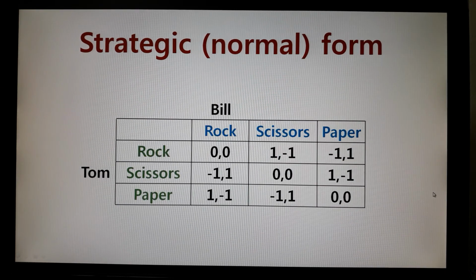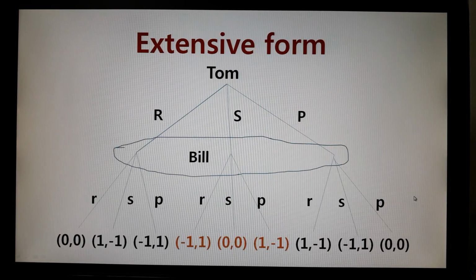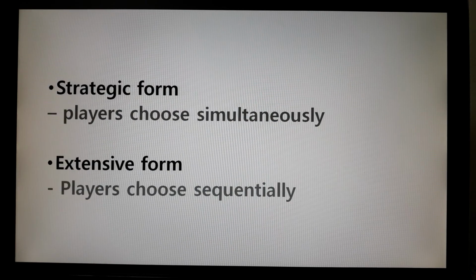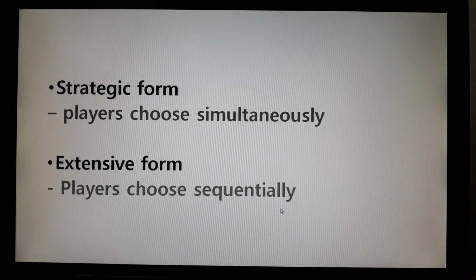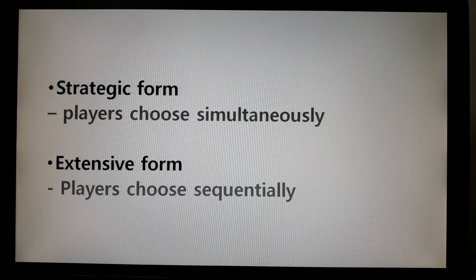That's why I'm saying this strategic form and the extensive form are the same thing. So players choose simultaneously in strategic form. As I said, extensive form assumes players choose sequentially. But if the second player cannot observe the choice of the first player, actually extensive form and strategic form would be the same thing.